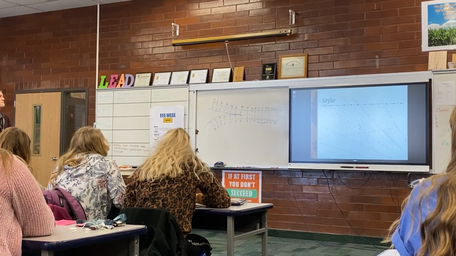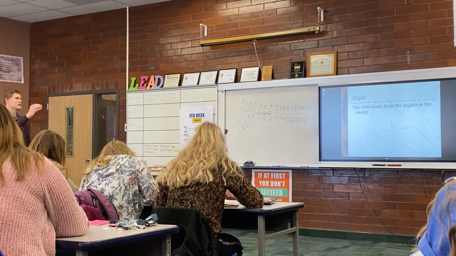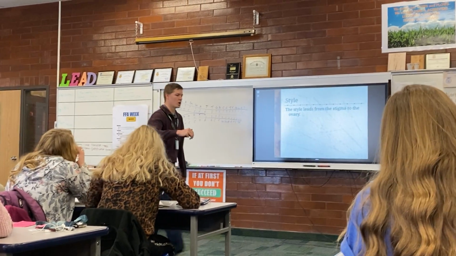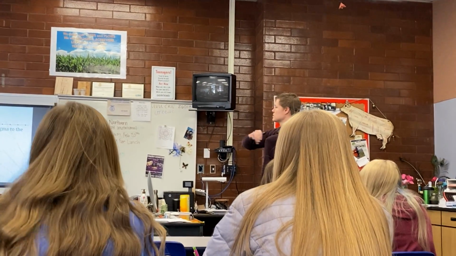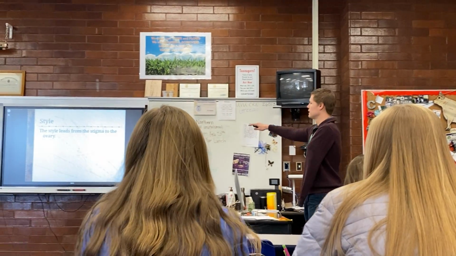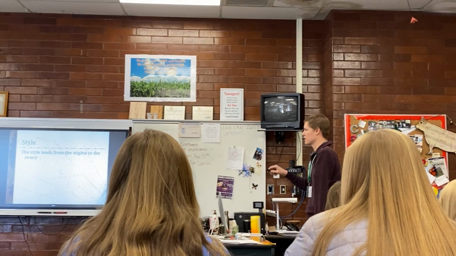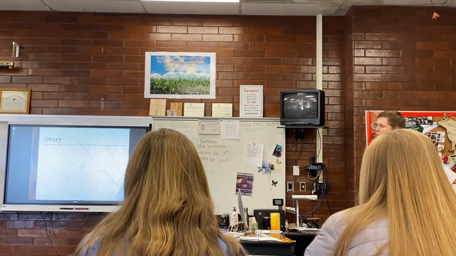Then the style is basically the tube, so it leads from the stigma into the ovary. This directs the pollen. You get the pollen from the male parts of the flower, it goes into the style and then down into the ovary. So it basically directs traffic. And the ovary, this is where all the magic happens.